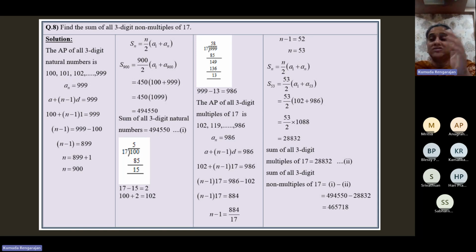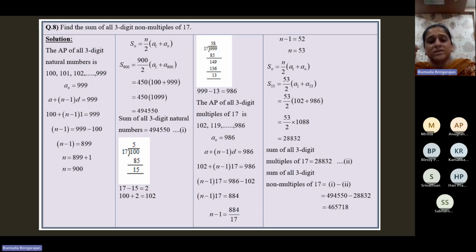Because the sequence of the 3-digit non-multiples of 17 will not form an arithmetic progression. You can write the sequence of all 3-digit non-multiples of 17, but the numbers will not form an AP. So you cannot do it like that.